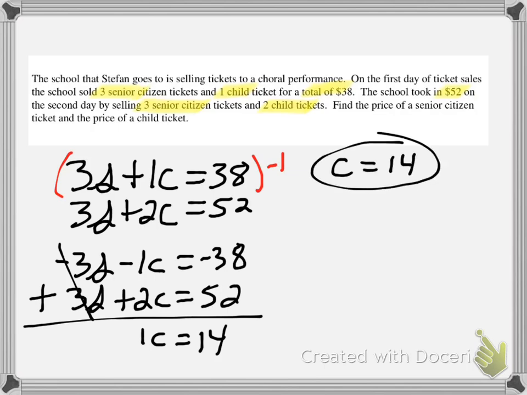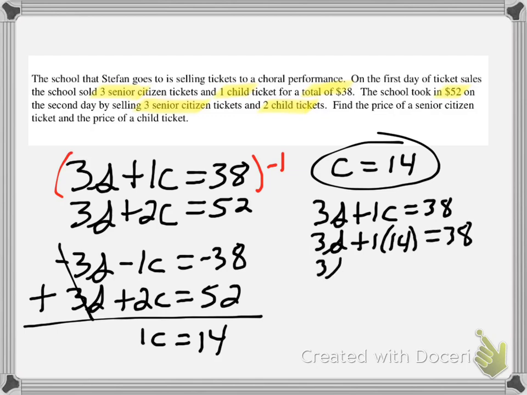Alright, so I have the price of a child's ticket. Now I've got to find the price of a senior ticket. So again, you want to pick an equation, whichever one looks easier to you. I'm going to pick the first one, I guess. So this is 3s plus 1c is equal to 38. I know that my c value is 14, so I'm going to plug in 14 in for c.